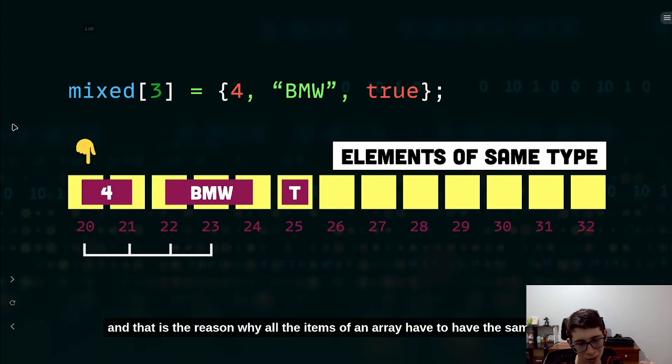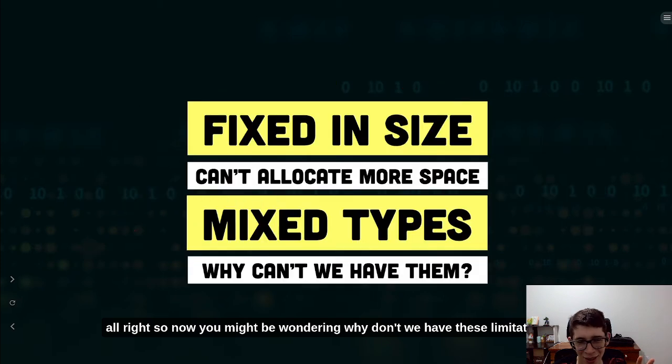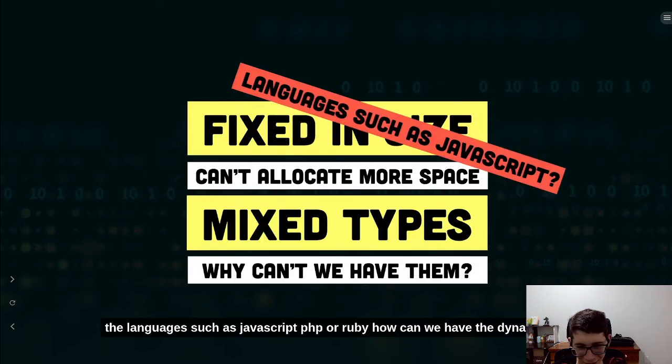Maybe it can be 3 bytes to get the BMW, or 2 to get the 4, or maybe 1 single byte to get a boolean. Oh, now I understand. Sorry if I don't know how to explain this.